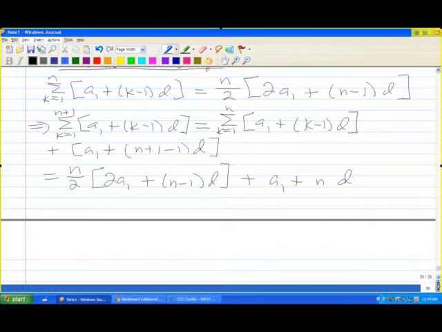Let's simplify this. And so let's multiply the n over 2 inside the parentheses.